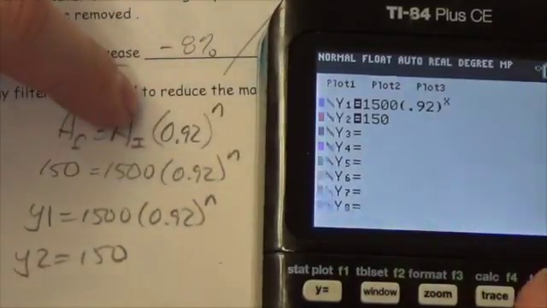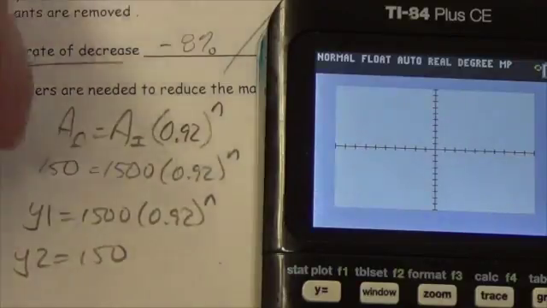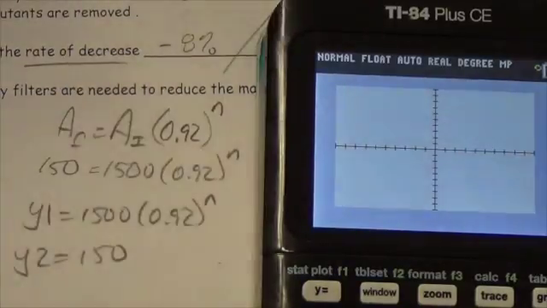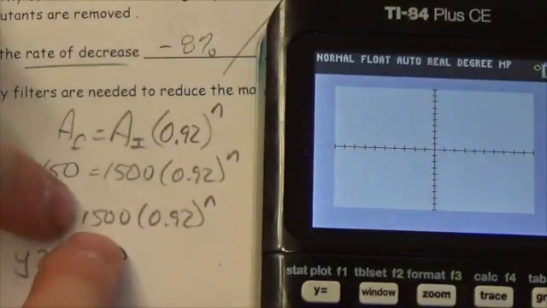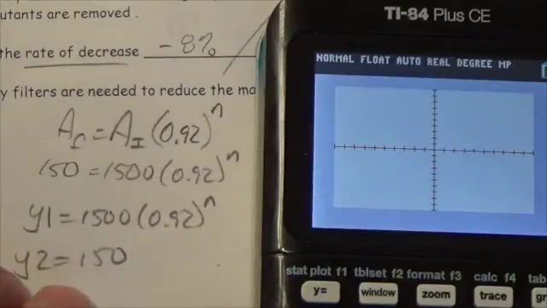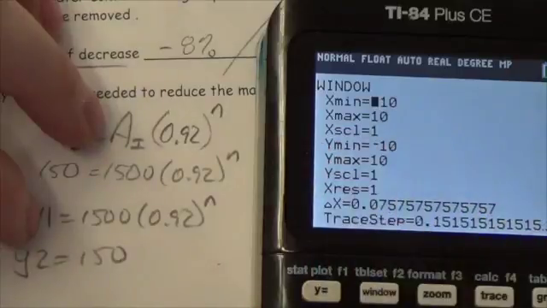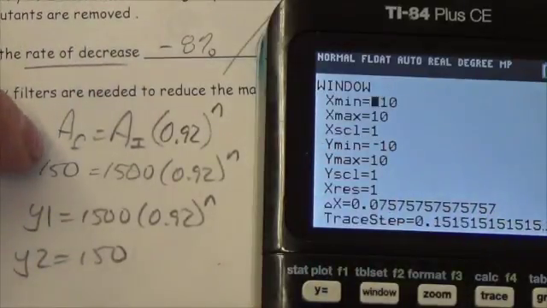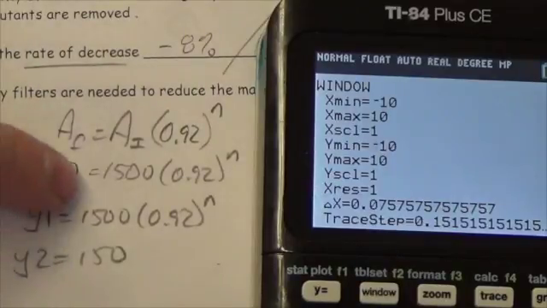Now, my window settings right now are standard window settings. I'm not going to see anything for a couple of reasons. First of all, the y-intercept of my first graph is going to be 1,500, and I'm looking for where it intersects at 150. So my window is nowhere near tall enough. If I want to see the y-intercept of that original function, I need this to be at least 1,500.